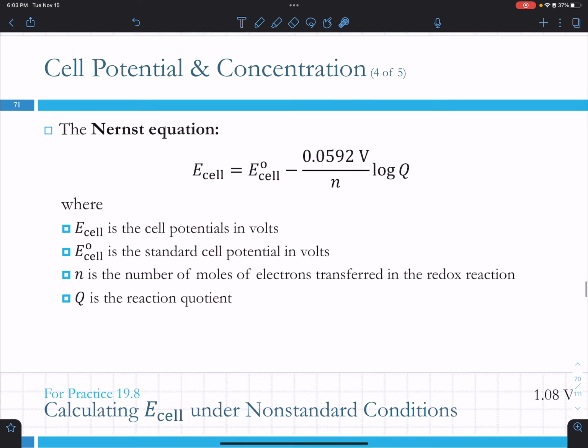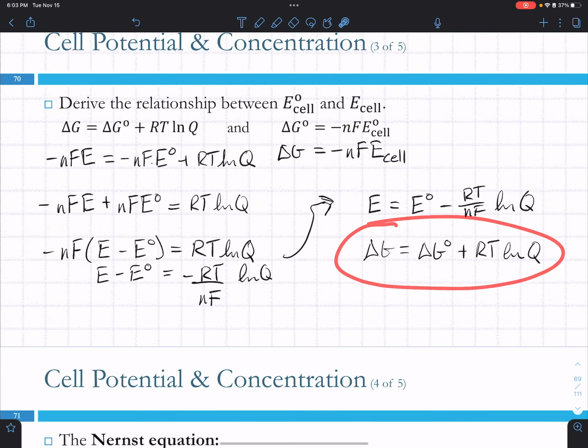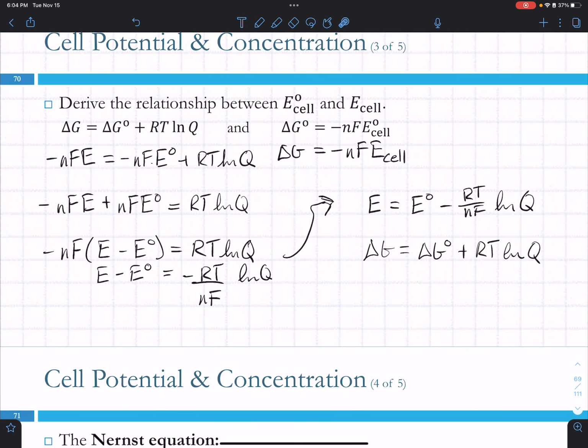And there's a couple special cases. Just like for delta G equals delta G at standard conditions plus RT ln Q, there are special conditions when K is equal to Q. If you remember for this equation, when K is equal to Q, then delta G at non-standard conditions is 0.